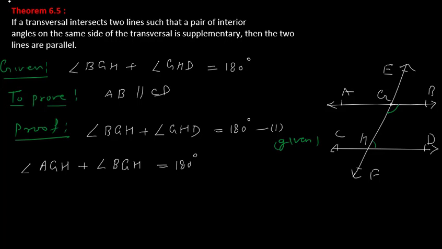Now what is the reason for this? The reason is linear pair, they are angles in a linear pair. So the sum of this angle and this angle is 180 degree. If I name this as angle 1, and this as angle 2, so angle 1 plus angle 2 is 180 degree, and if I name this as angle 3, angle 1 plus angle 3 is also 180 degree. For simplicity you can name these angles as 1, 2, 3 or small x, y, z like that.